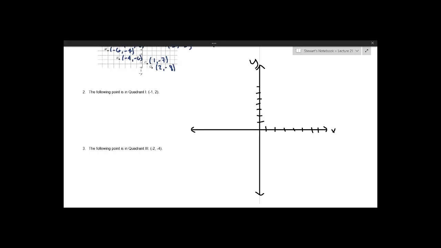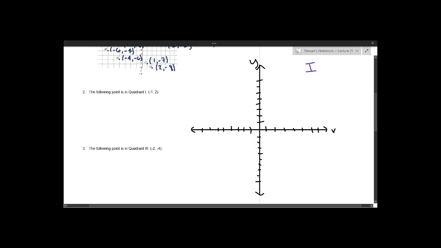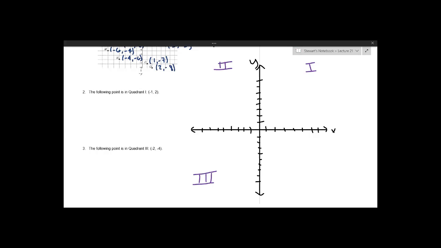I just want to put a few tick marks on here. All of those tick marks denote counting 1 in that direction. It's just kind of a rough idea to see. And just as a reminder as well, this is quadrant 1, 2, 3, and 4. Okay, so now the following point is in quadrant 1, -1, 2.